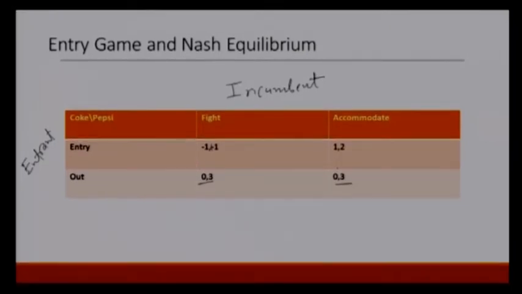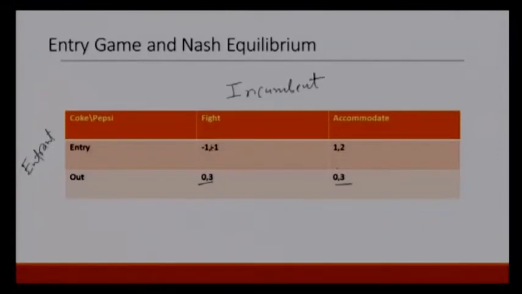Rather than observing whether entrant is entering the market or not, there are two players, one named entrant, another incumbent. They are writing on a piece of paper their decision. Of course, entrant has two actions available, entry or out. So that is what an entrant can write, and similarly incumbent can write fight or accommodate.